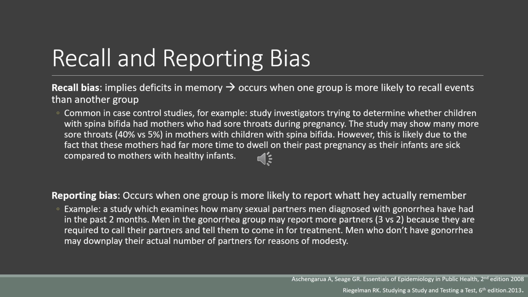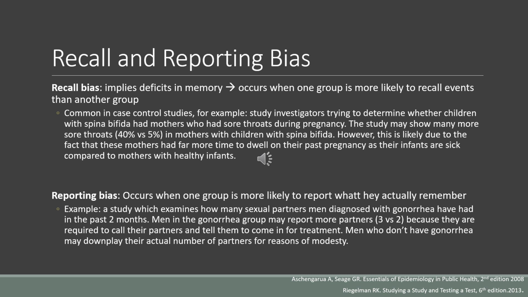This may lead you to believe that there's a high odds associated with a sore throat causing or leading to, at least being associated with, spina bifida. However, this is more likely due to the fact that mothers of children with spina bifida have had far more time to dwell on their past pregnancy and may remember things that mothers with healthy infants would not.